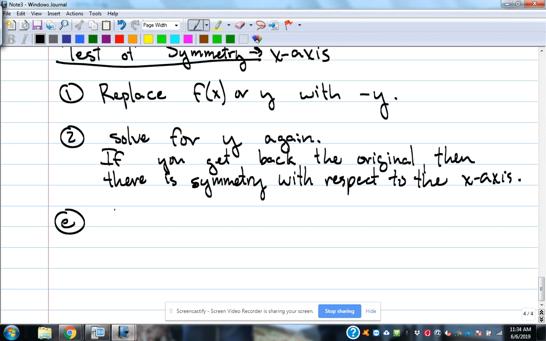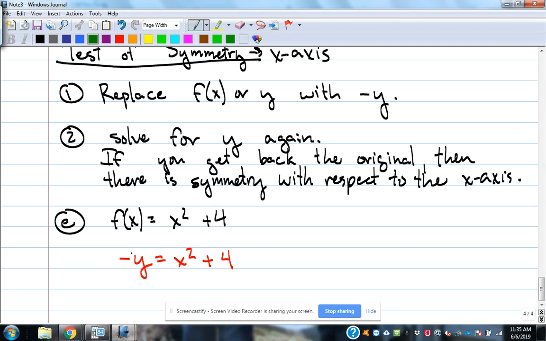So, example E, we've got the function f of x is equal to x squared plus 4. And we're going to do the test for symmetry with respect to the x-axis. Okay. So I'm going to put a negative y in the place of f of x. It's a plus 4. How do I get y by itself in this problem? What's really in front of that y?